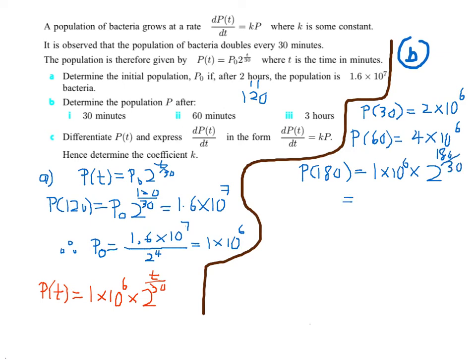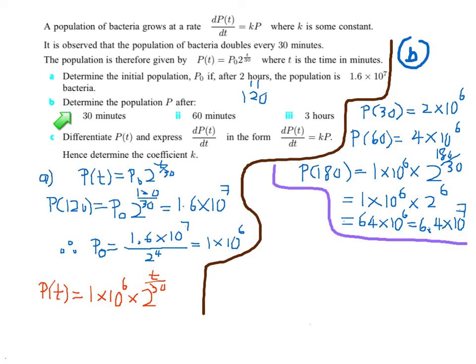You should end up seeing 10 to the power of 6 times 2 to the power of 6, and this really is 64. Just set the form like this, or we can just say 6.4 times 10 to the power of 7 bacteria, of course.